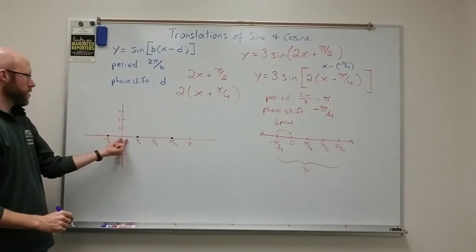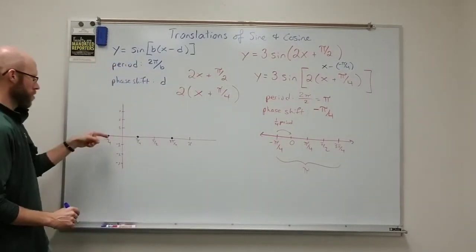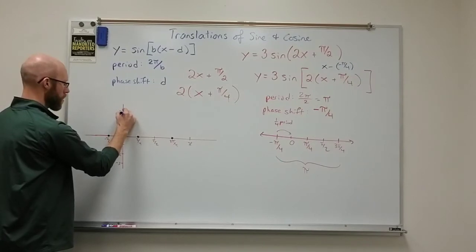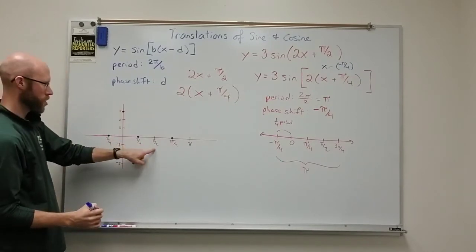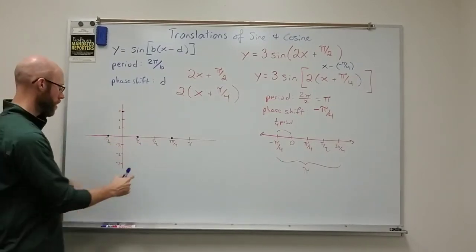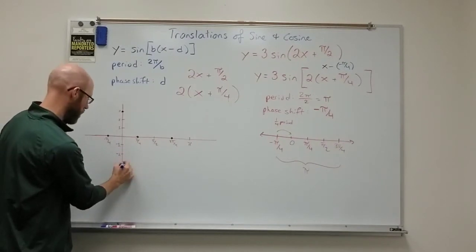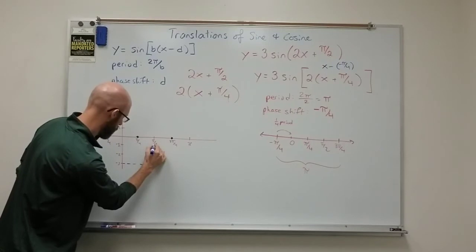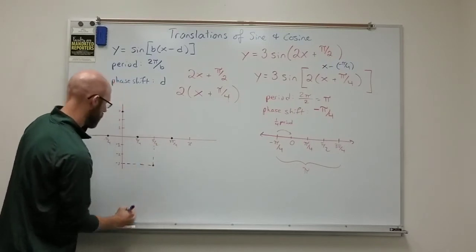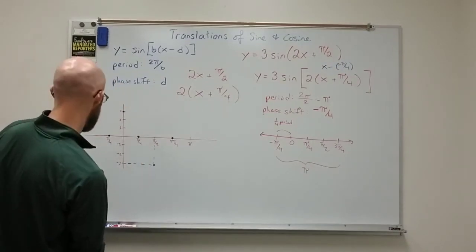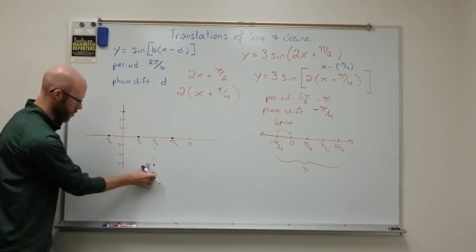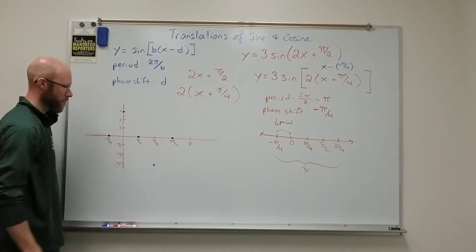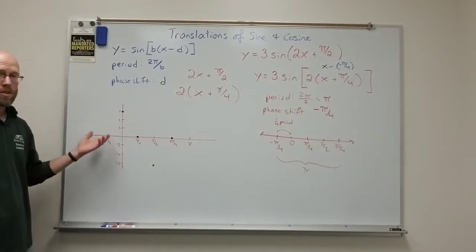So at 0, that's my first quarter, I go up to 3. And then at pi over 2, that's my 3/4 point of my period, I'm down at negative 3. Okay. Now I just connect the graph.